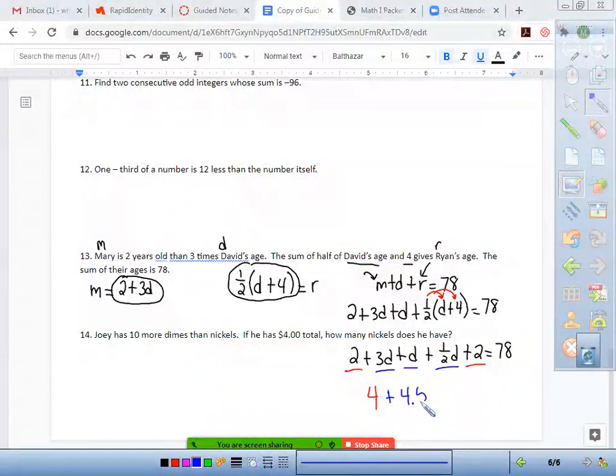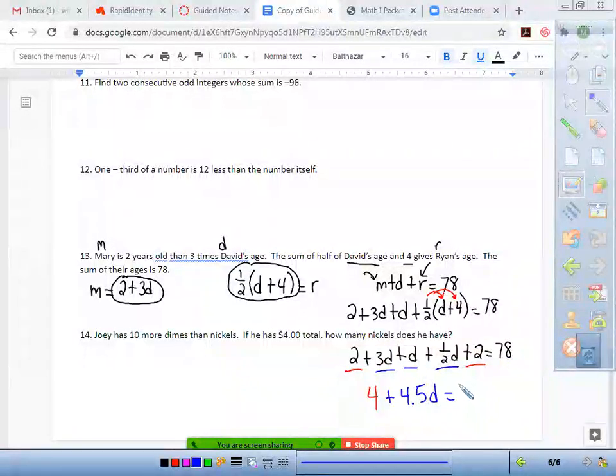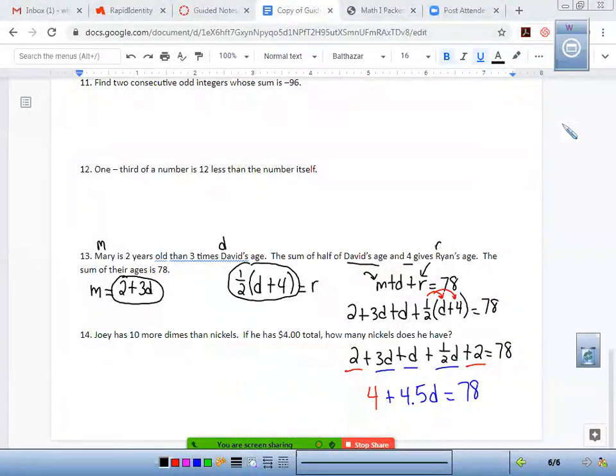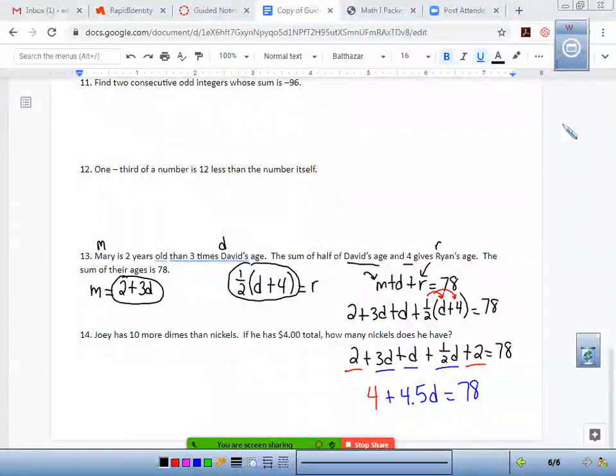Would you like to write it like that? Okay, we'll do that. So we got 4 plus 4.5D equals 78.